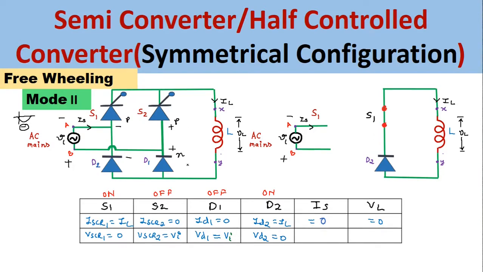Thus the load inductance will try to maintain the load current unchanged by inducing a self-induced EMF across the load. So the self-induced EMF polarity will be opposite, that is minus on point X and plus on point Y. This is the self-induced EMF induced by the inductor.